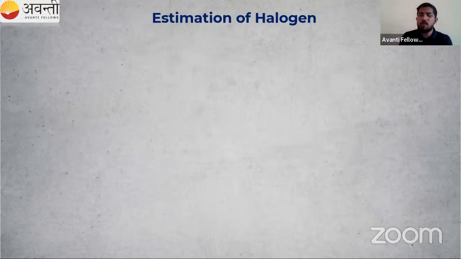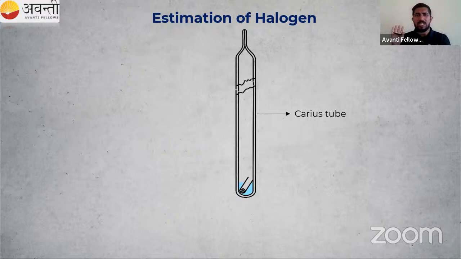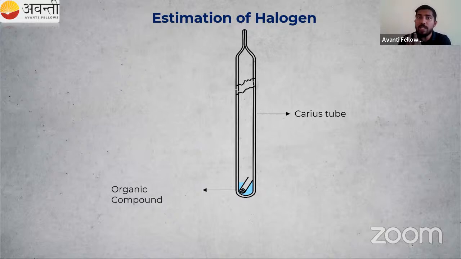Then the estimation of halogen. We have studied that already in qualitative analysis, the same thing: the sodium fusion extract test. We have similar kinds of reactions here also. This is the Carius tube. The organic compound is very important, as we want to find the percentage of the element present in the organic compound.